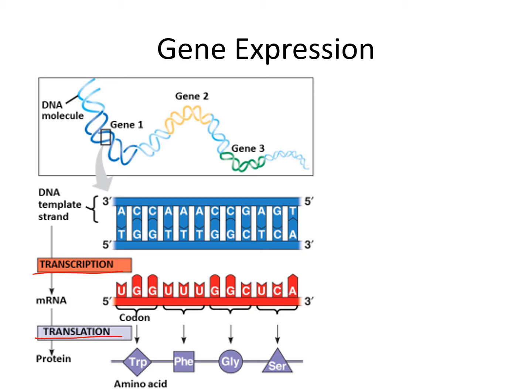And remember, the overall importance is that we start with DNA, the molecule of information, and specifically, the little packets of DNA information that we're interested in are the genes. Every time I refer to the word gene, think of that as a segment of DNA that encodes information to form a protein.